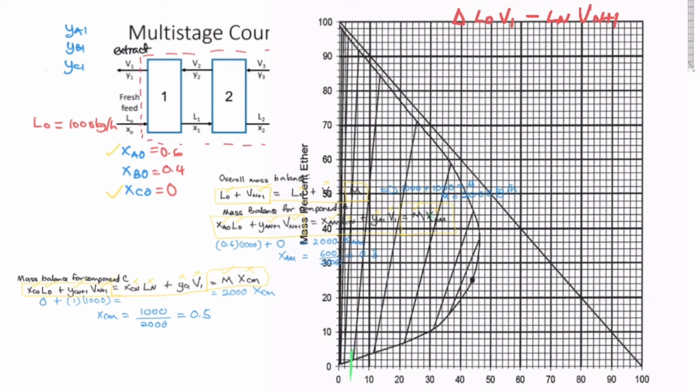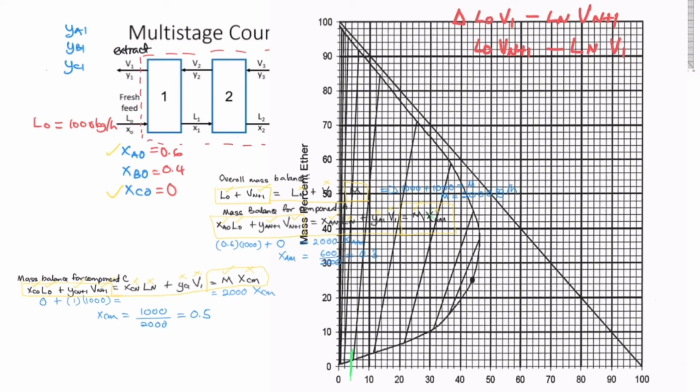Another line that you need to draw is the line between L naught and Vn plus 1. Then you need to draw the line between Ln and V1.